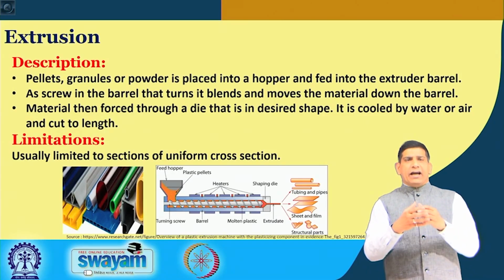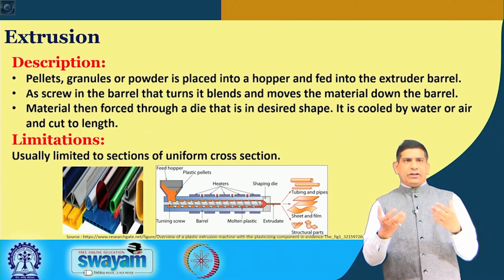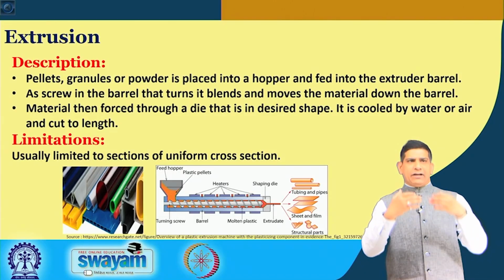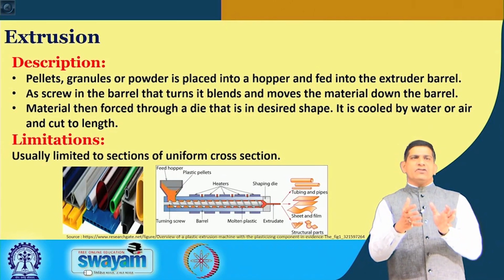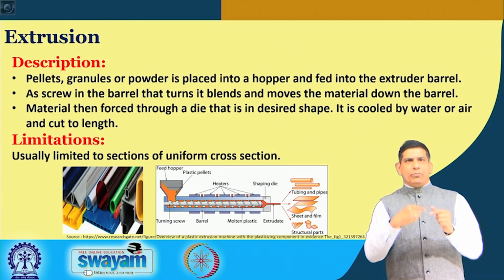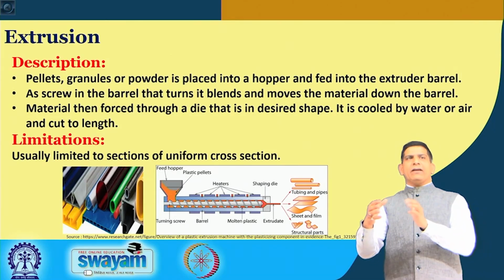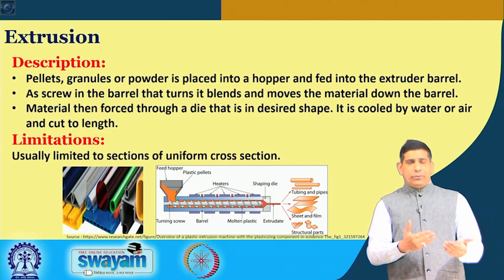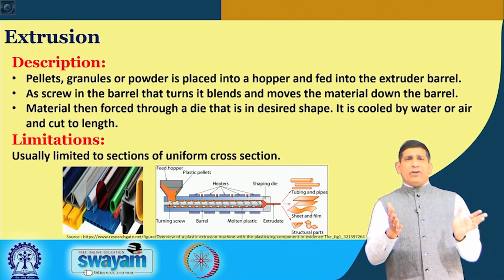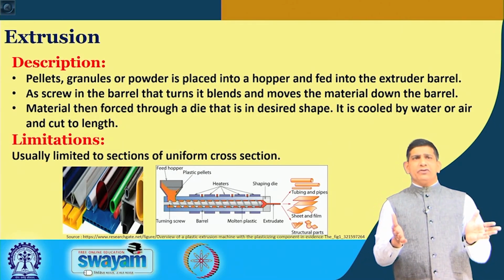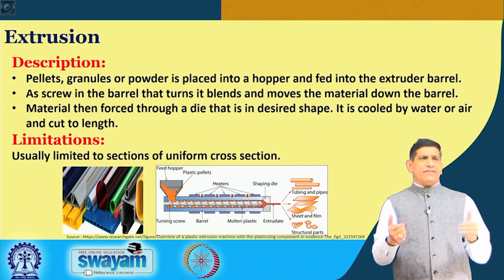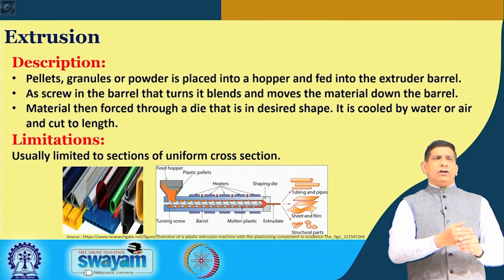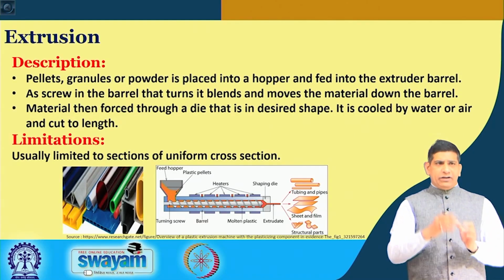So, in extrusion, you have pellets, granules, powder, put it in a hopper, make it semi-solid or liquid, then blend it, move the material down the barrel, put it in a die to get the desired shape, and cool it down. This is very commonly used for pipes, folders, as you can see in the picture on the left side of the slide.